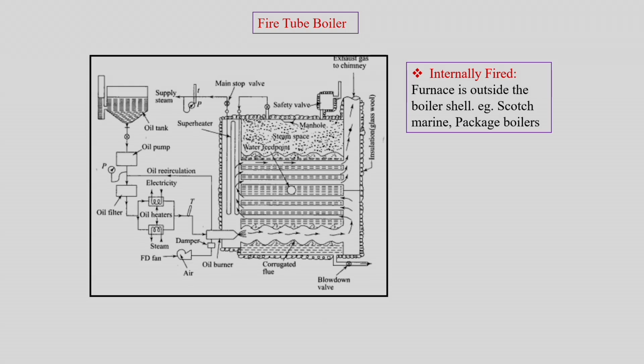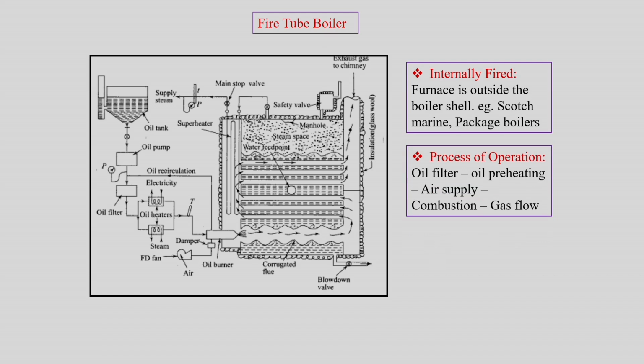As we can see here, the oil will first get filtered when it is used as a fuel for burning, and then the filtered oil will come into the nozzle, and parallelly we get the air into the nozzle.